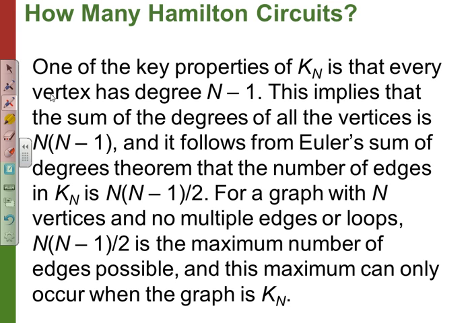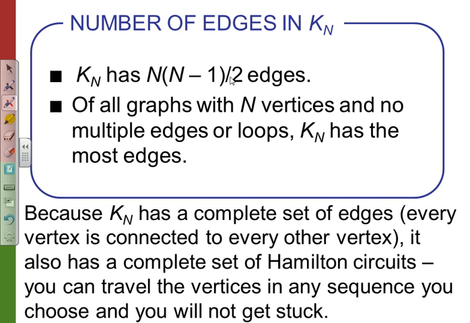The key is that we're going to have Kn, where n is the number of vertices. The degree of every vertex is n minus 1, which means the number of edges is n times n minus 1, divided by 2.